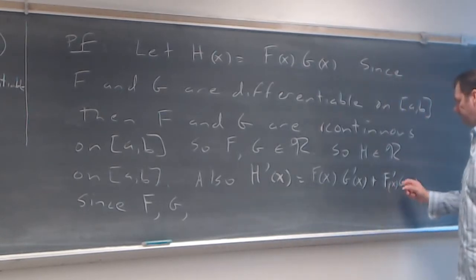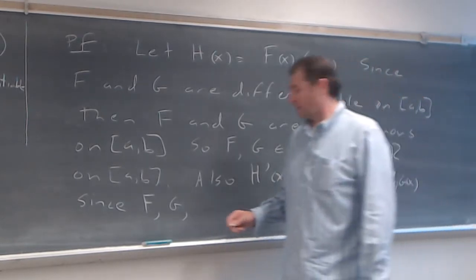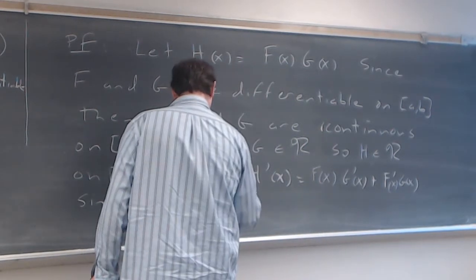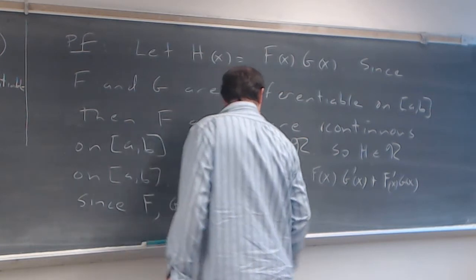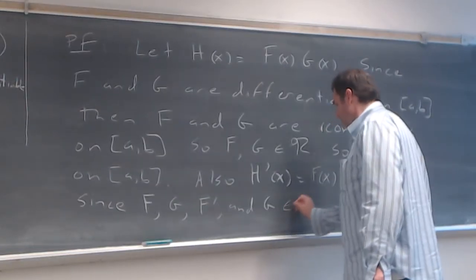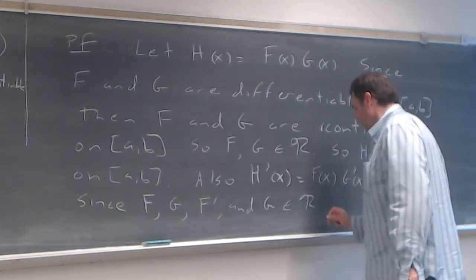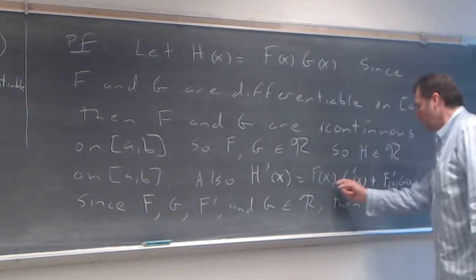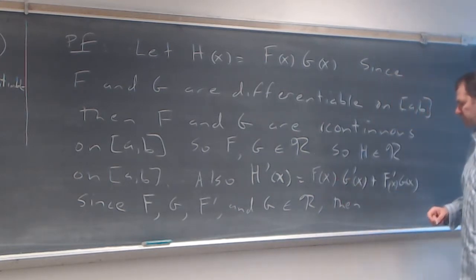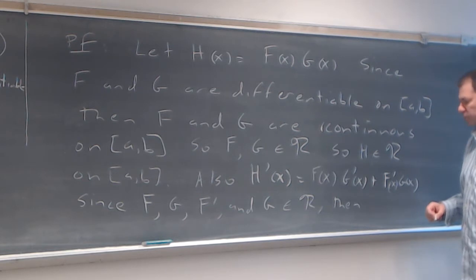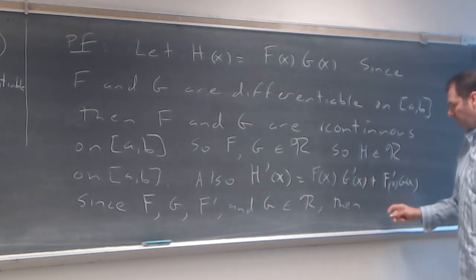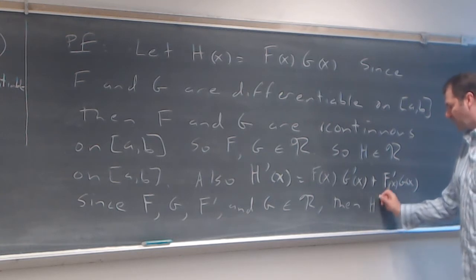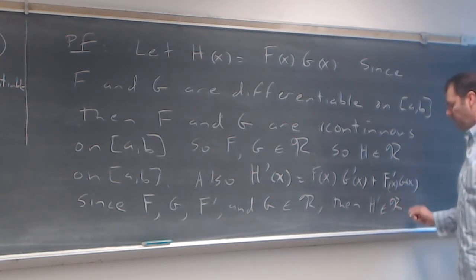Big F prime is equal to little f, and that's integrable. And G, being continuous, is integrable. So since all those are Riemann integrable, when you multiply Riemann integrable functions together, that's Riemann integrable. And if you add two Riemann integrable functions together, that's Riemann integrable. So H prime is Riemann integrable on [a, b].